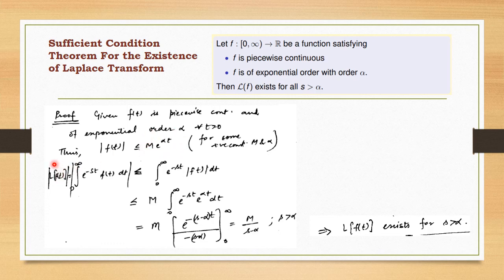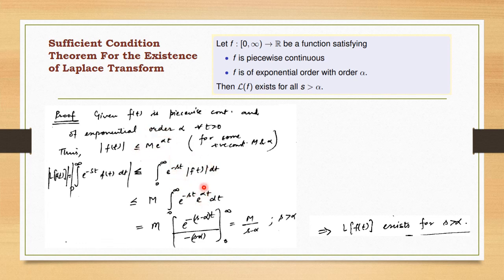Now we apply the definition of Laplace of f(t). Consider mod of Laplace of f(t). It will be mod of the integral 0 to infinity of e to the power minus st f(t) dt. Now we can take the mod inside, so we get a less-than inequality: the integral from 0 to infinity of e to the power minus st into mod of f(t). But mod of f(t) will be replaced with this bound.